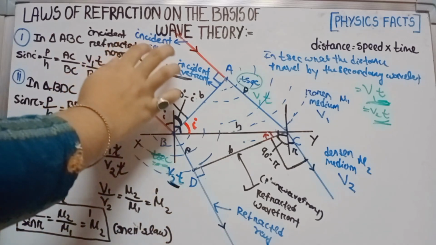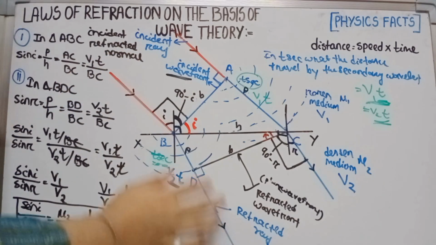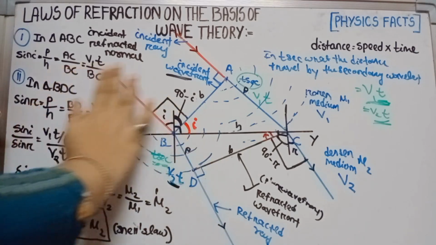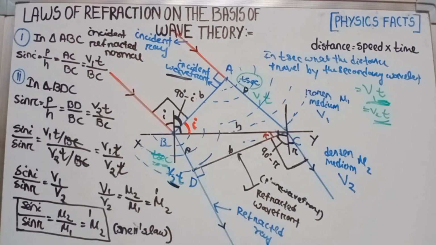That means the incident ray, refracted ray, and normal all lie in the same plane.